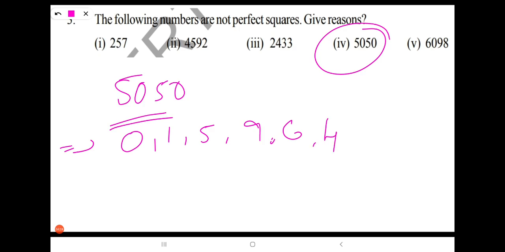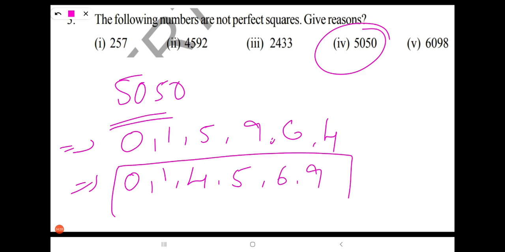I will write in the order 0, 1, 4, 5, 6, 9. The numbers which are having 0, 1, 4, 5, 6, 9 in their units place can be perfect squares.